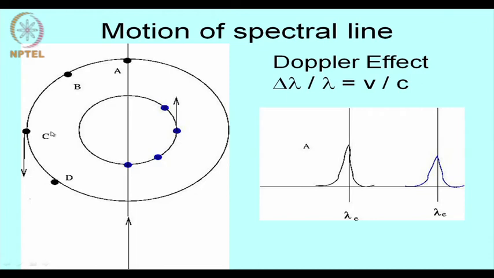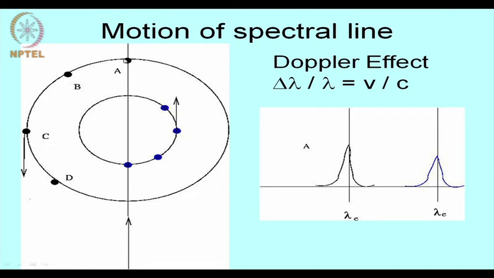So, you have these two stars going around in circular orbit around the common center of mass over here, and the black object is less massive, the blue object is more massive, and they are both doing circular orbits, and we start from the position A, where one of the objects is here and the other object is over here, and the orbit is circular. And the observer is located in this direction.